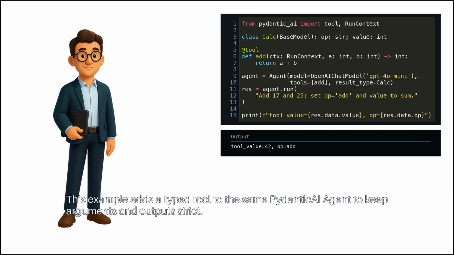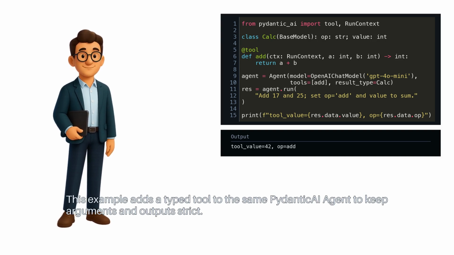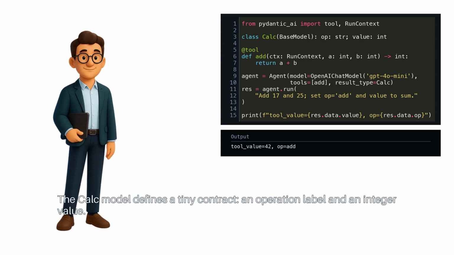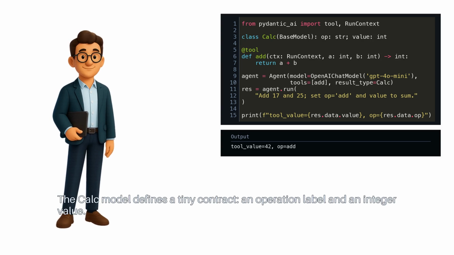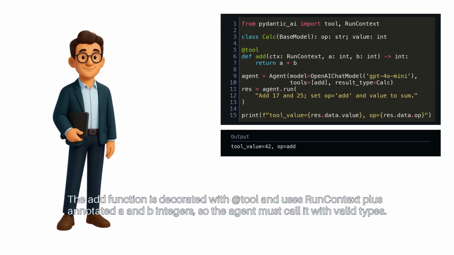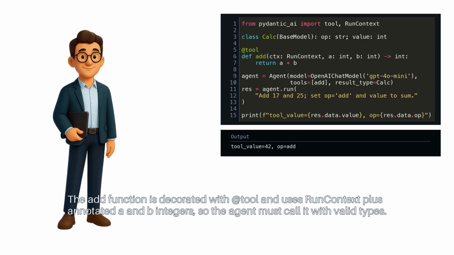This example adds a typed tool to the same PydanticAI agent to keep arguments and outputs strict. The Calc model defines a tiny contract, an operation label, and an integer value. The add function is decorated with @tool and uses RunContext plus annotated a and b integers, so the agent must call it with valid types.